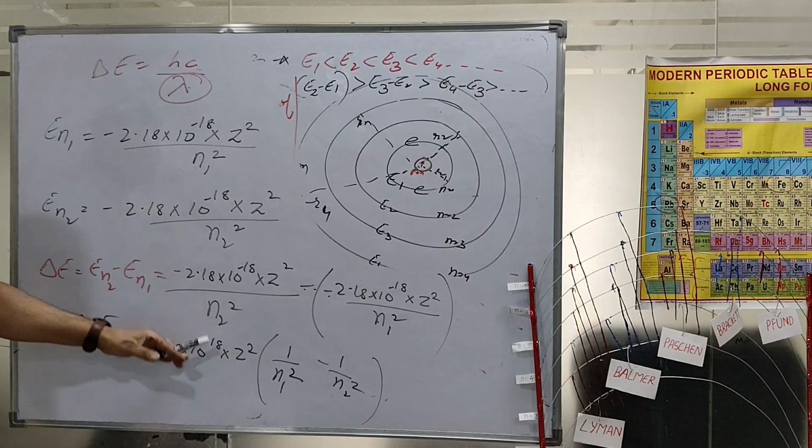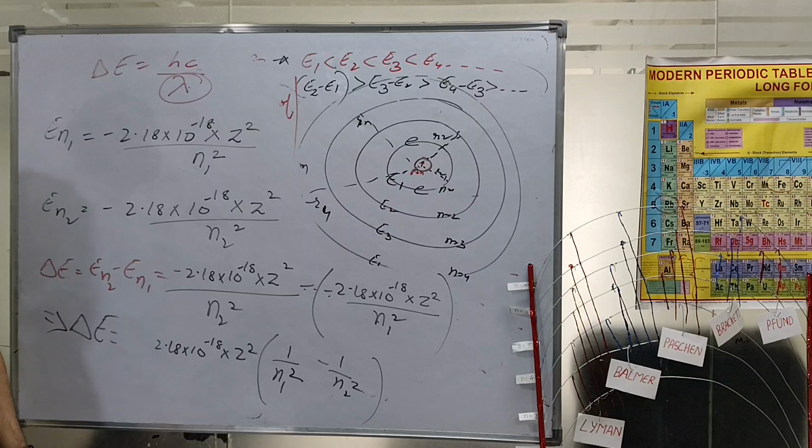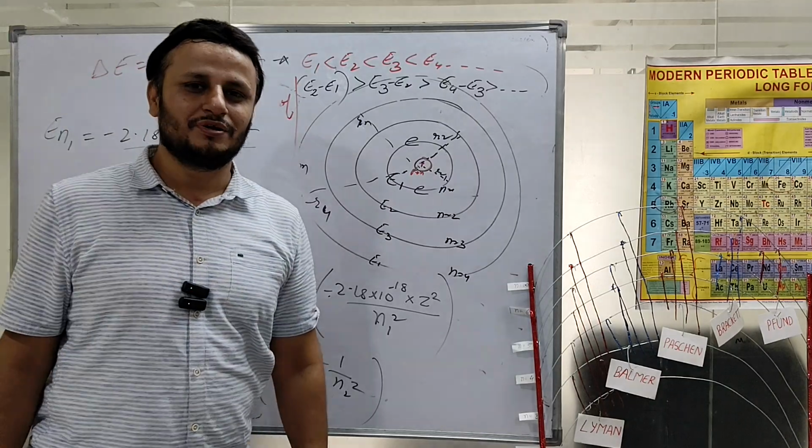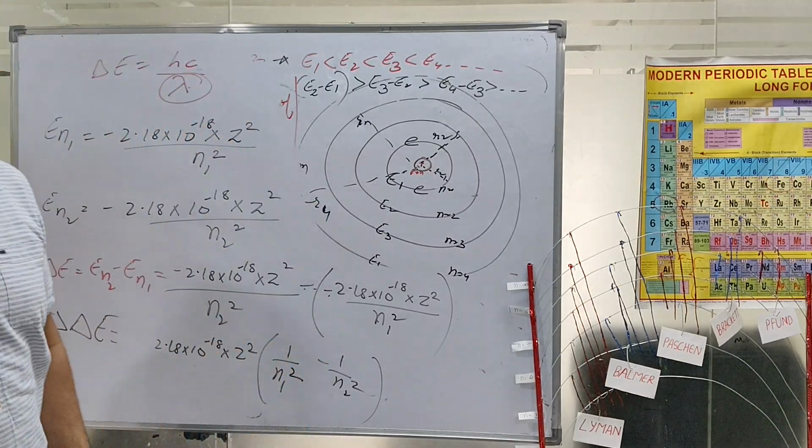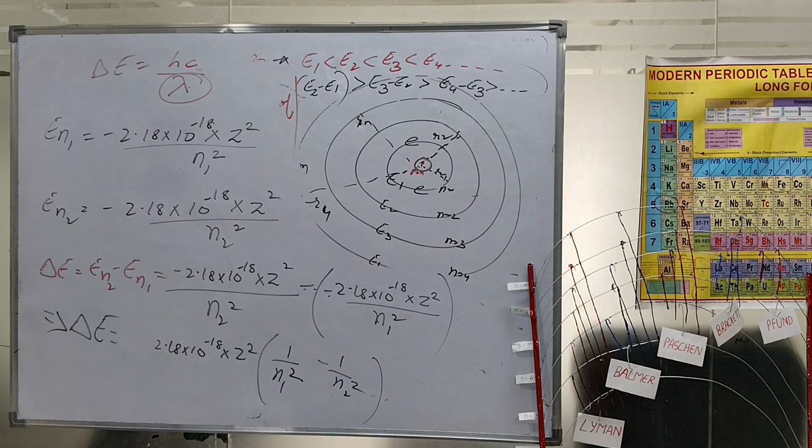If we combine these two formulas, we will get the Rydberg formula that we discussed in the last lecture at the end. From here we get 1 upon lambda is equal to R (1 by n1 square minus 1 by n2 square) into Z square.